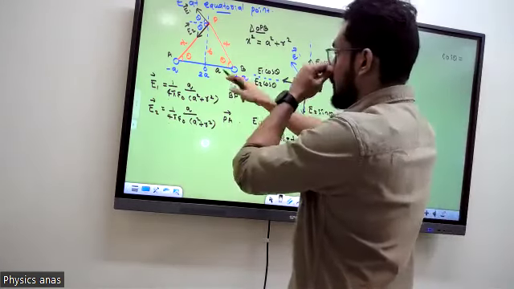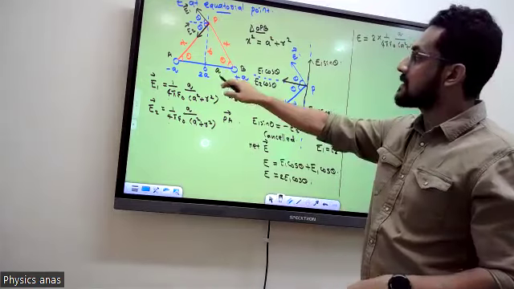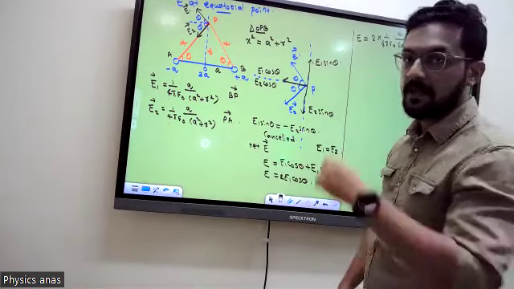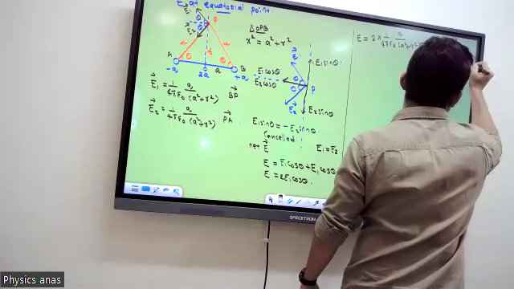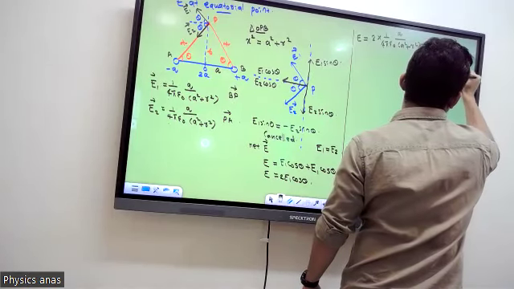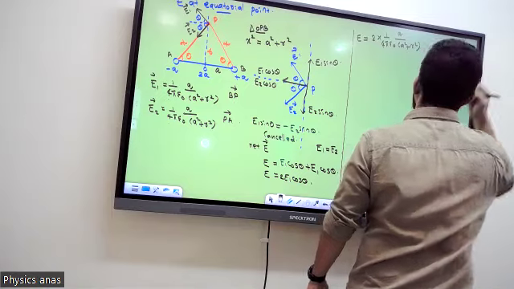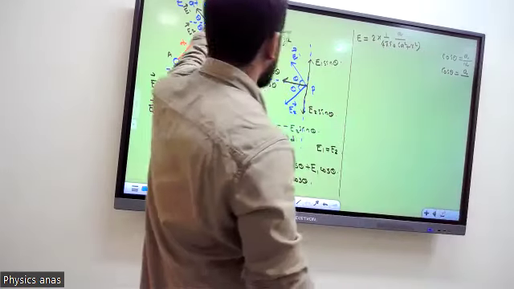From this triangle, you can find the value of cos theta. Adjacent side by hypotenuse. That will be A divided by X. Cos theta is equal to A divided by X. What is X? This is X square.